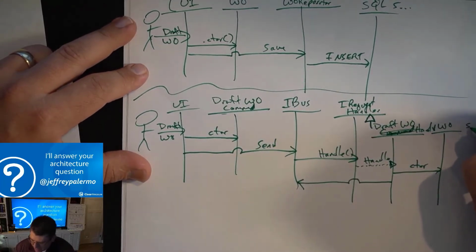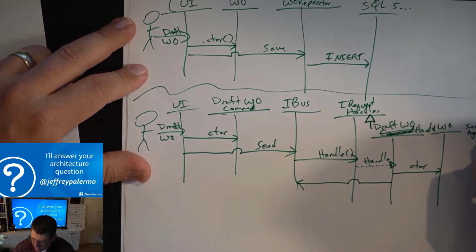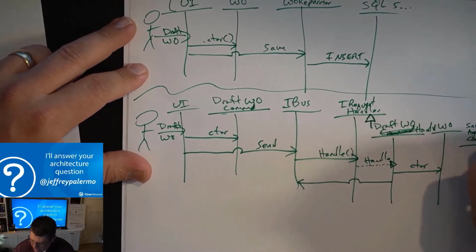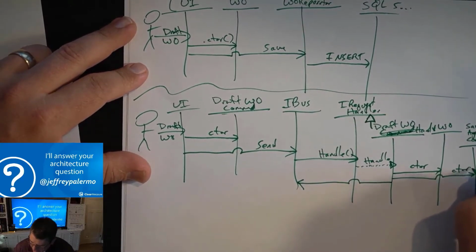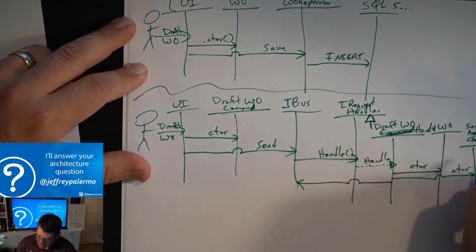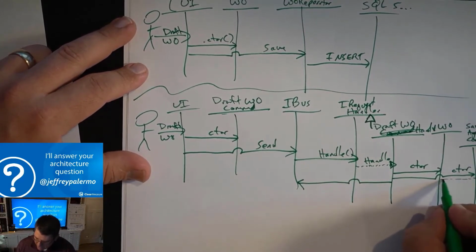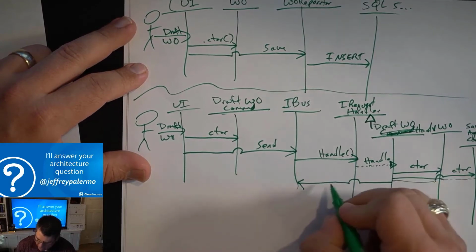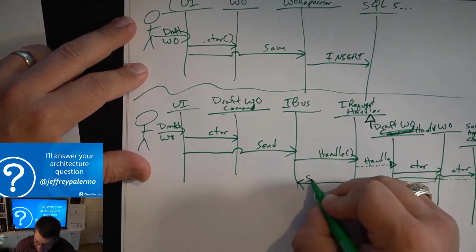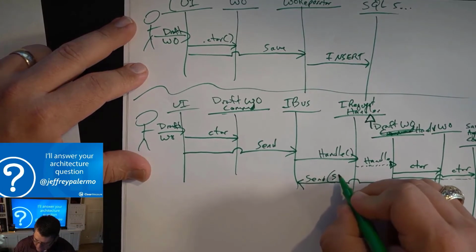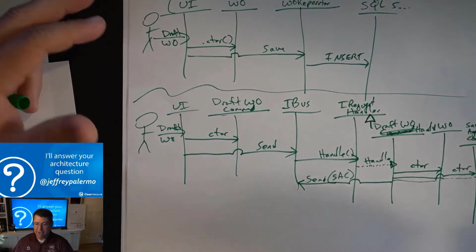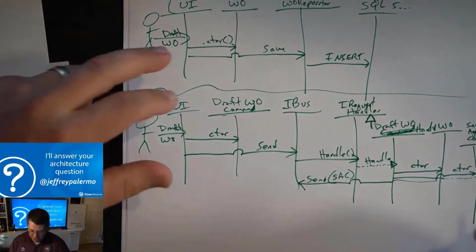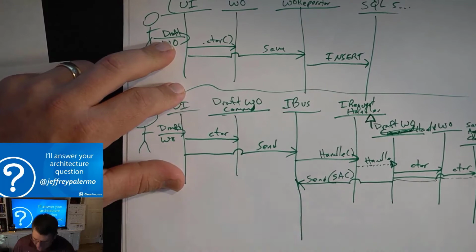So if I was to say save entity or save aggregate command, and then I actually created that command, I passed in the work order to this save aggregate command, and of course I get the object back, and then I pass this back and say bus.send, passing this save aggregate command. Well, now I am asking, hey, here's another command that you need to handle and you need to route.